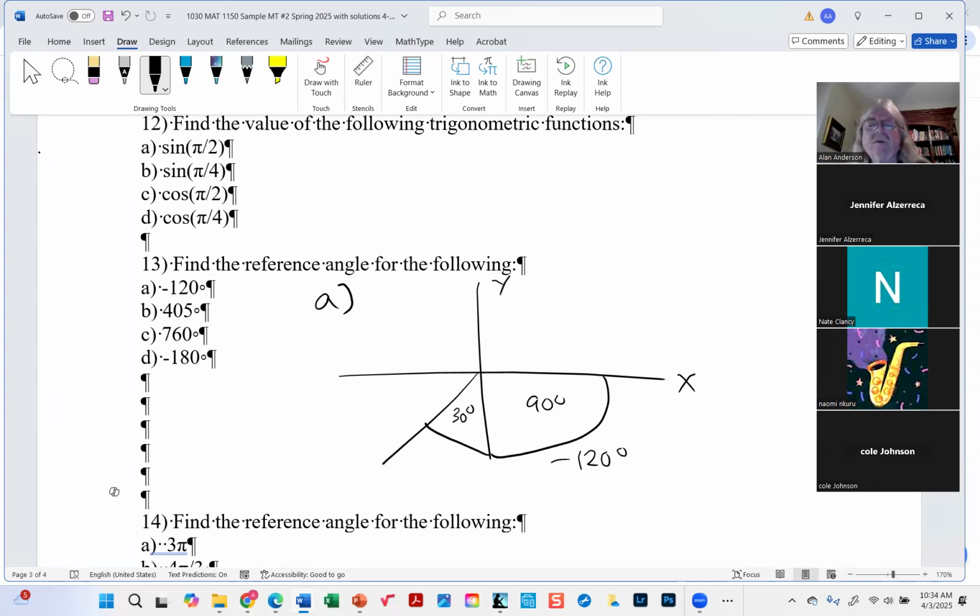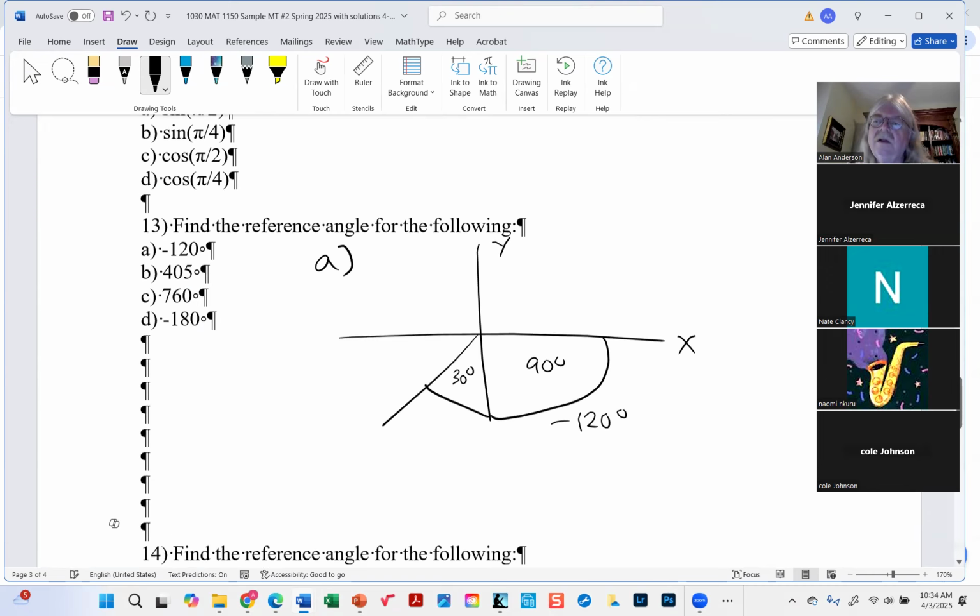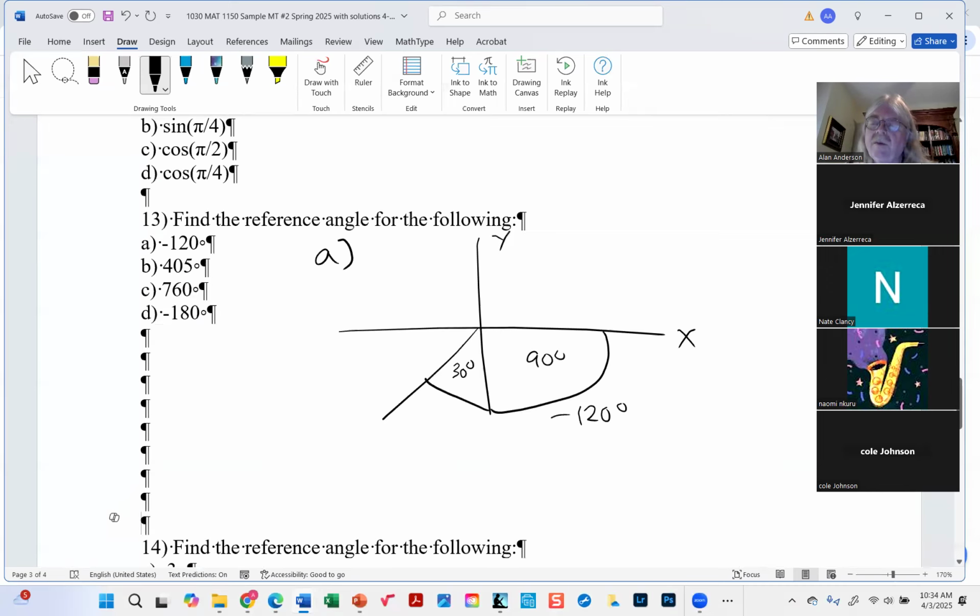Now, the important detail here, when it comes to reference angles, really the only thing that is important is what quadrant we are in when we reach the terminal side. If you don't feel comfortable with negative angles, what you can do instead is convert this into a positive angle by noting that you're going 90 degrees through the first quadrant, 90 through the second, and then 60 more degrees into the third quadrant. So the positive angle here is 240.